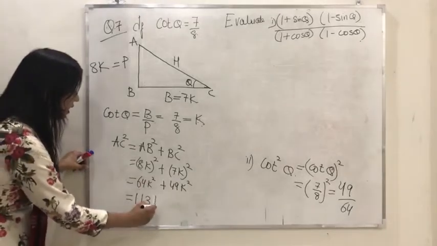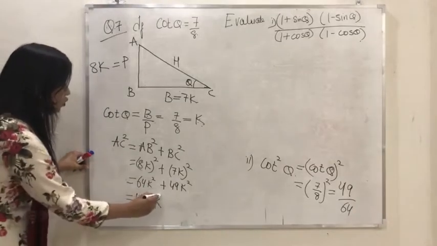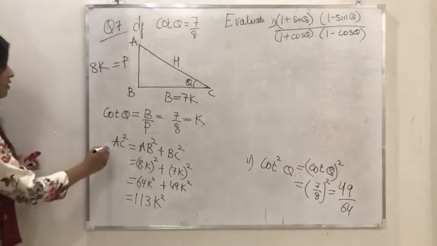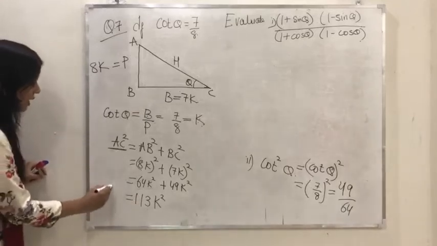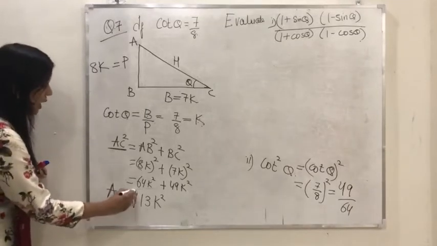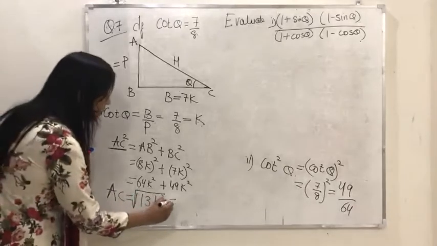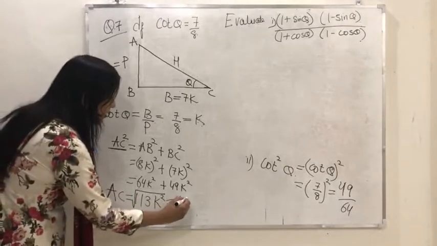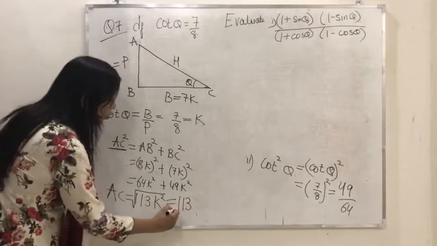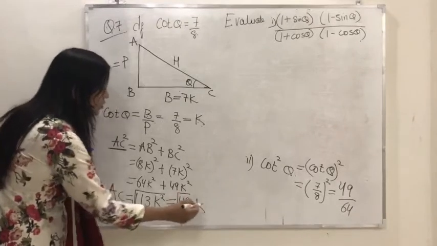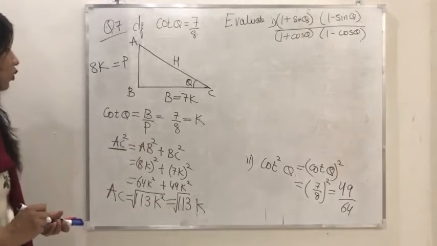So it will be 113K square. So when this is my AC square, AC will be the square root of 113K square. So it will be root 113 K. K square will come out of the square root.